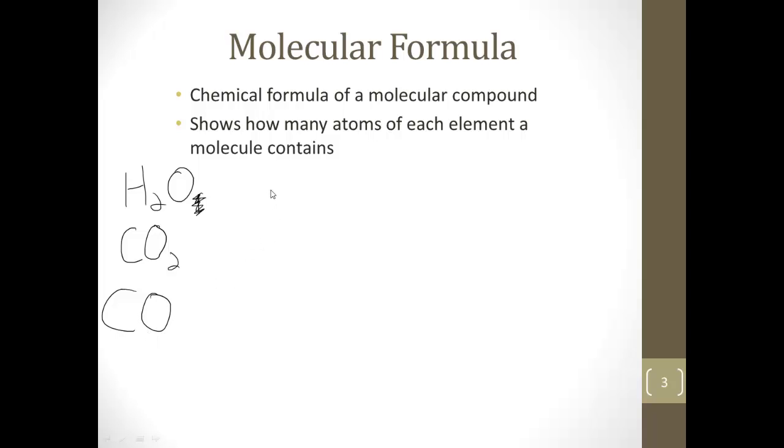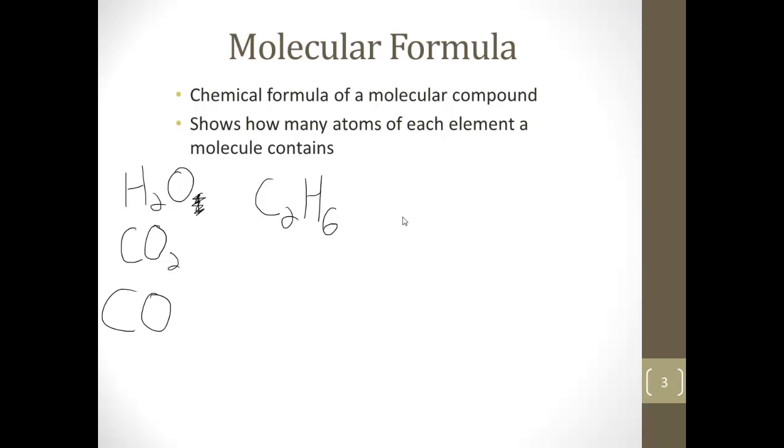Let's see, we have C2H6, ethane. There's 2 carbons, 6 hydrogens. Another common one, NH3, which is ammonia. And in the next video, we're going to learn a little bit more about that.